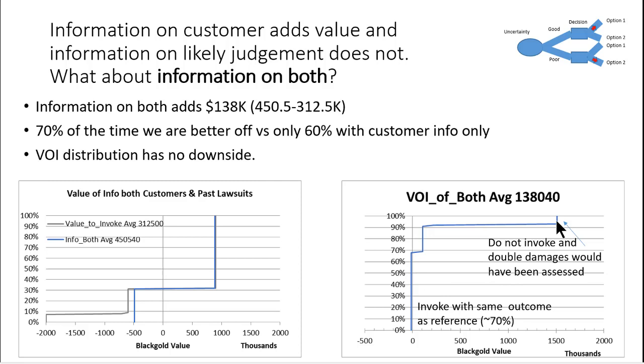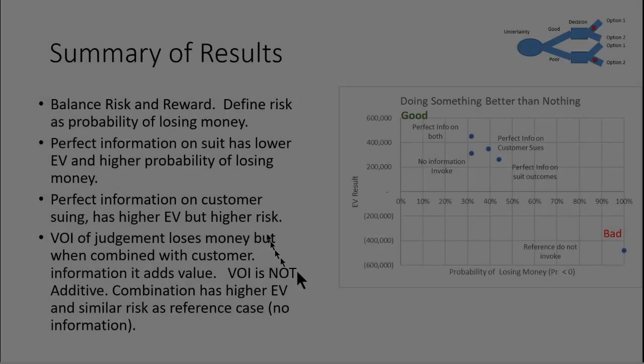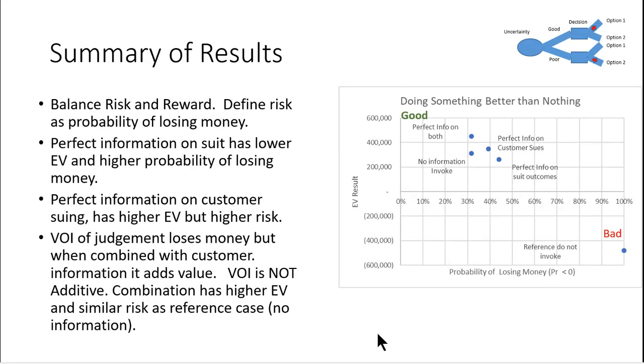There's the outcome over here where I'm better off because I didn't invoke and I would have incurred double damages. And there's a 20% probability where I do not invoke and I would have incurred normal damages. So here we see the value added is $138,000: 450 less 312.